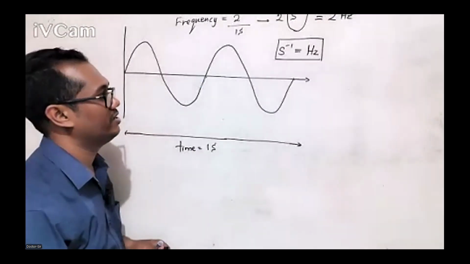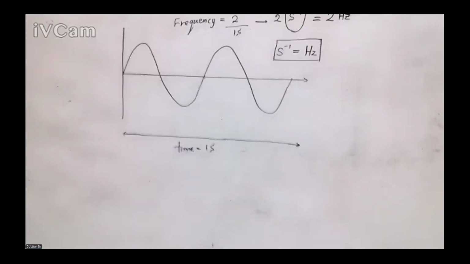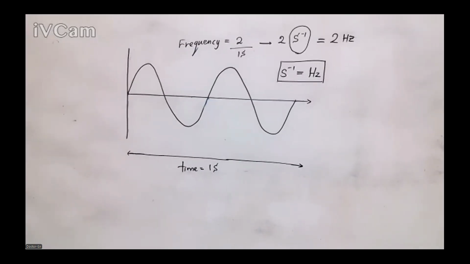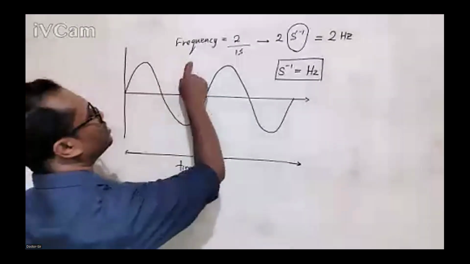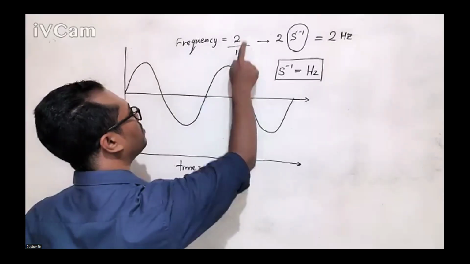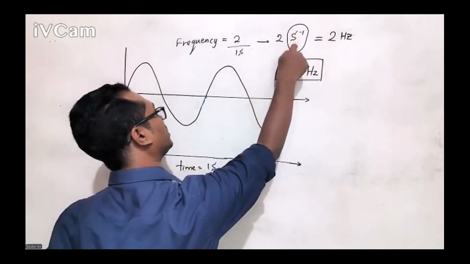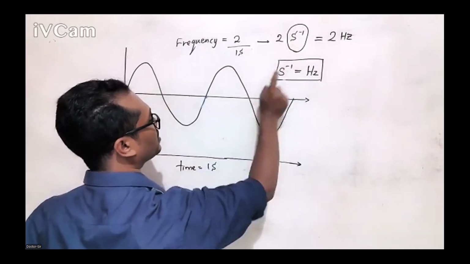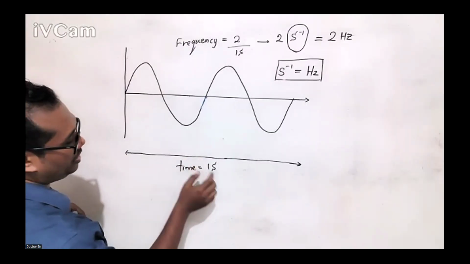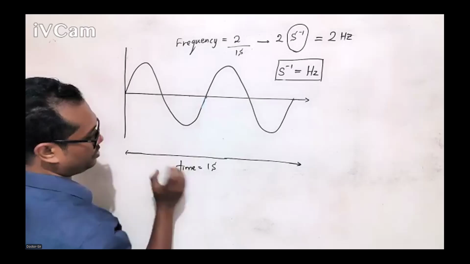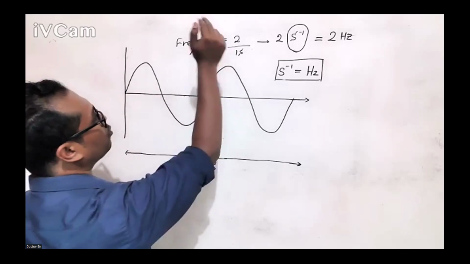I wrote it a little bit high, but I think now it's okay. So frequency is 2 per second, and per second equals 1 hertz. Why did I write 2 per second? Within 1 second there are 2 cycles.